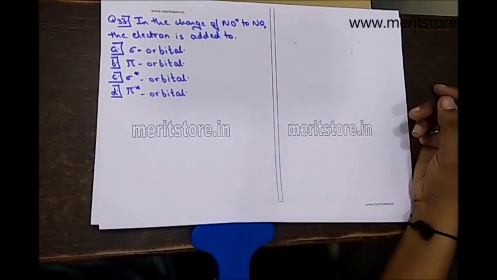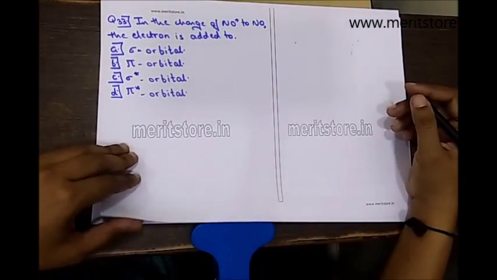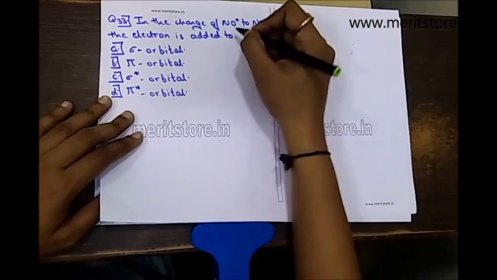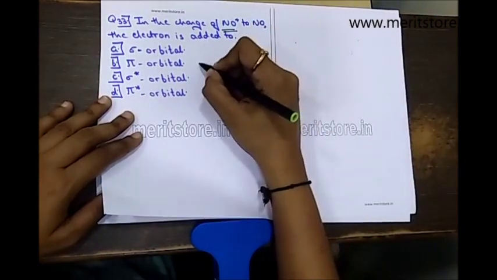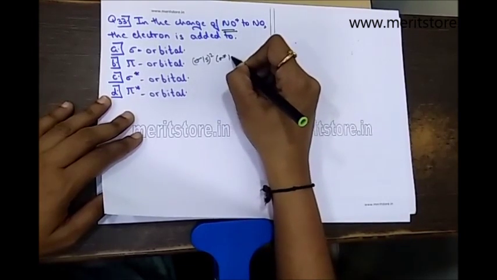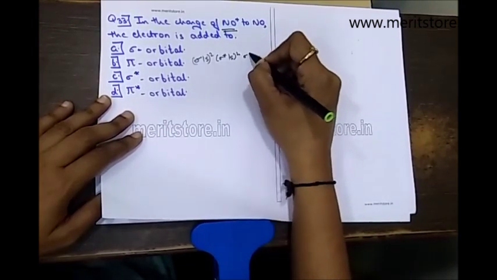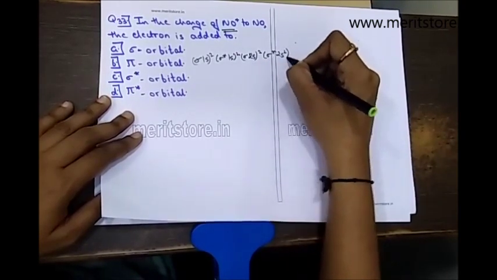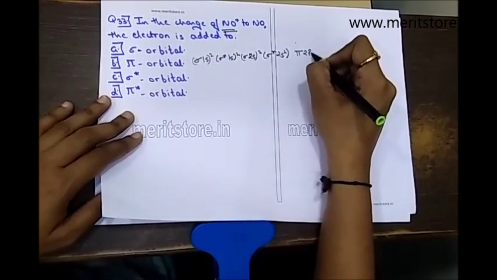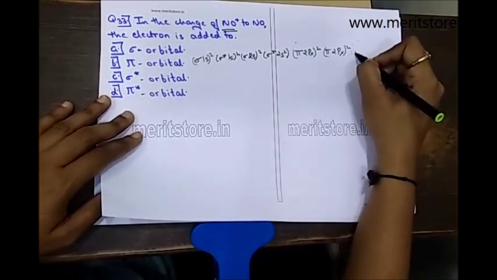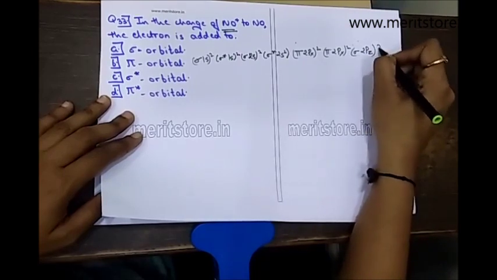Question number 33 is, in the change of NO plus to NO, the electrons are added to which orbital? When I talk about NO plus, the electronic configuration is sigma 1s2, sigma star 1s2, sigma 2s2, sigma star 2s2, pi 2px2, pi 2py2, and sigma 2pz2.